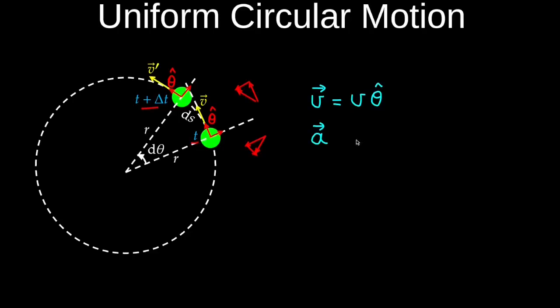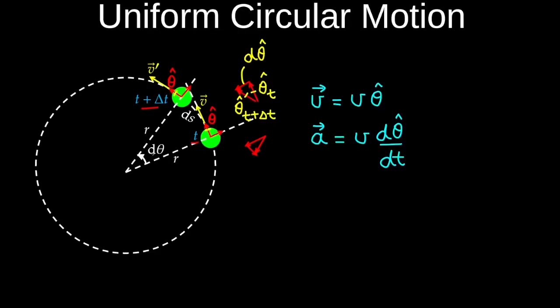And for the special case of uniform circular motion, the speed, or the magnitude of the velocity vector, is constant. So this direction is theta at time t, and this one is theta at time t plus delta t, which we'll put together, and by vector addition, this is d theta.